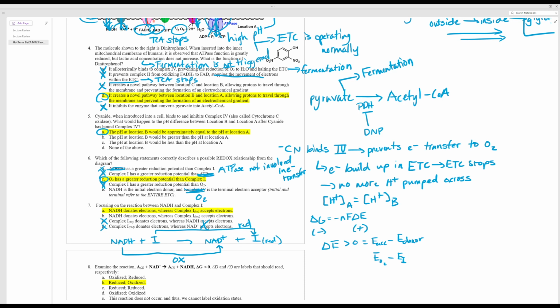In order to gain electrons, it needs to start in its oxidized state. We know that from what happens to NAD: NADH going to NAD plus is an oxidation, so we need a reduction elsewhere. So the answer is A.